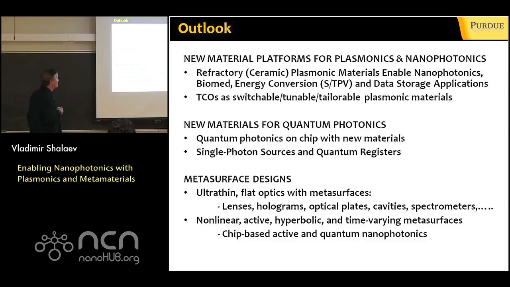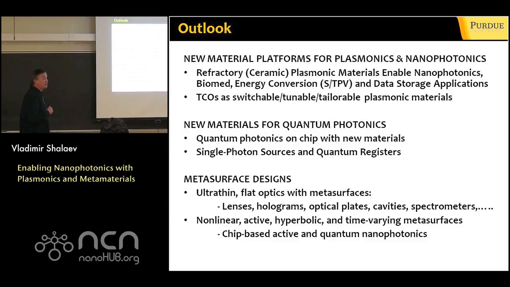And I mentioned some such applications, for example, using ideas from metamaterials for single photon sources, when you could generate single photons with very high efficiency, and for quantum registers, when you basically could write and read the spin degree of freedom quite efficiently, using ideas based on plasmonics and metamaterials.